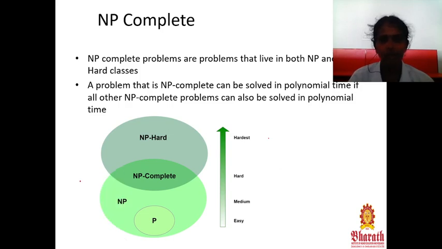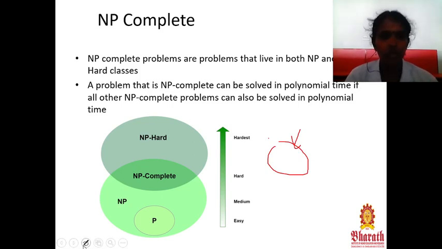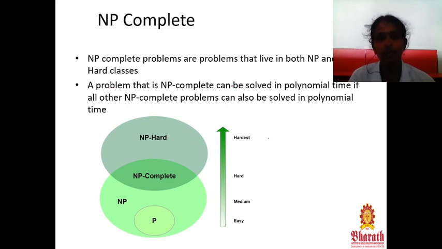That is the NP complete problem. A problem that is NP complete can be solved in polynomial time if all other NP complete problems can also be solved in polynomial time. If any one is solved in polynomial time, all other NP complete problems can also be solved in polynomial time.